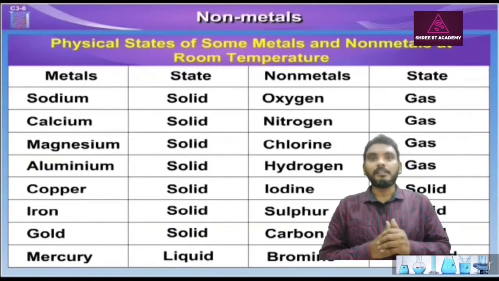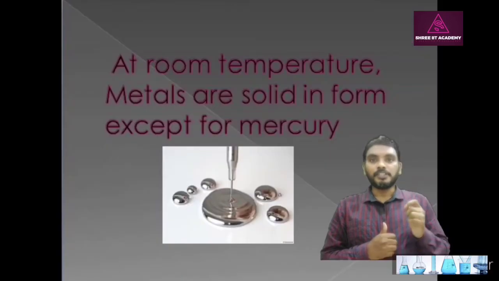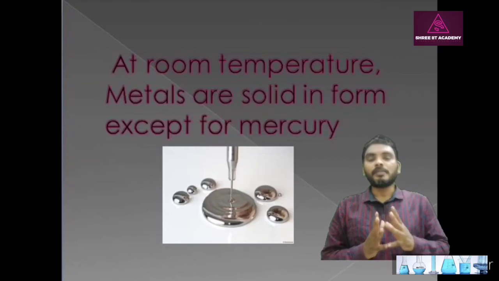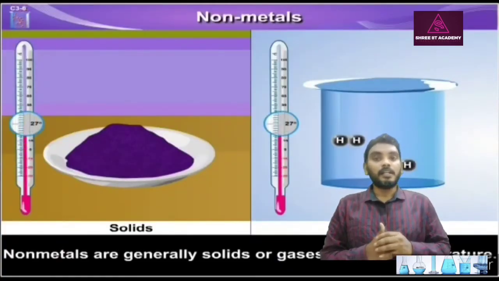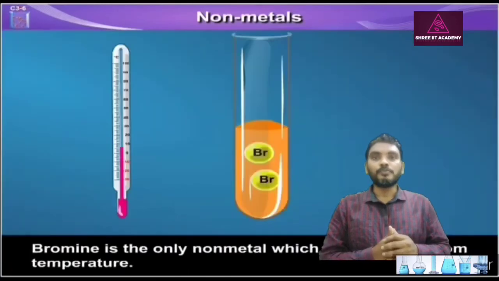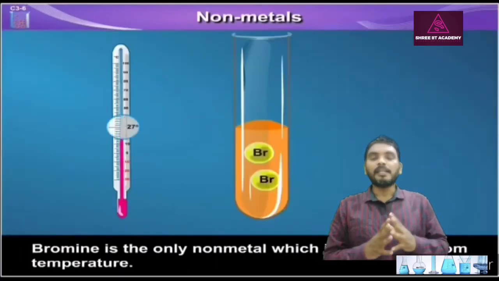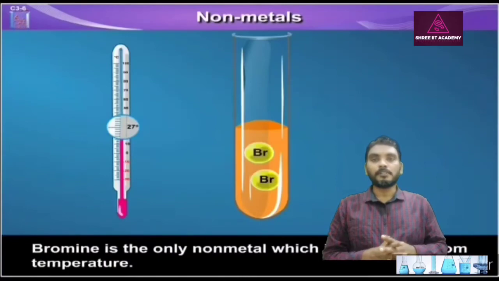Mercury is the only metal which is liquid in state. Among non-metals, bromine is the liquid at room temperature. Mainly, these are the physical properties of the metals.